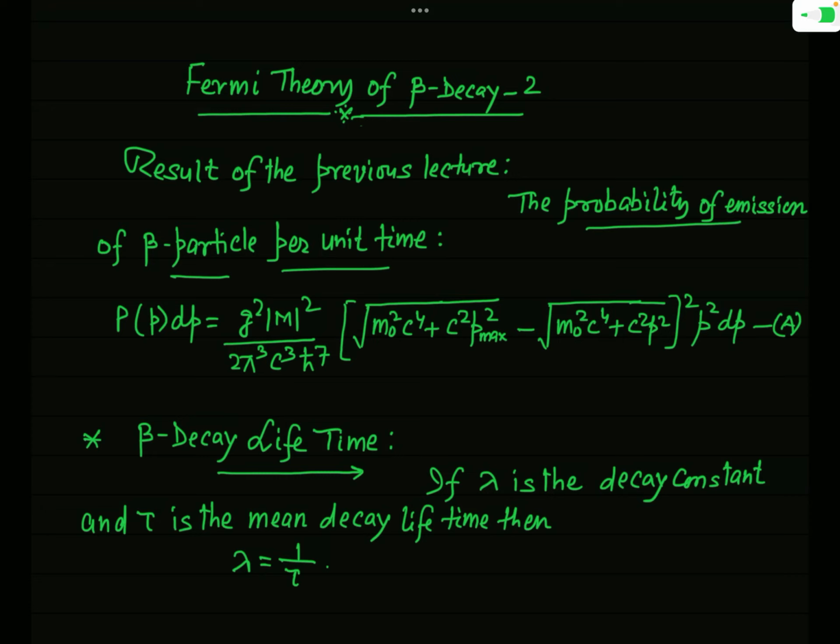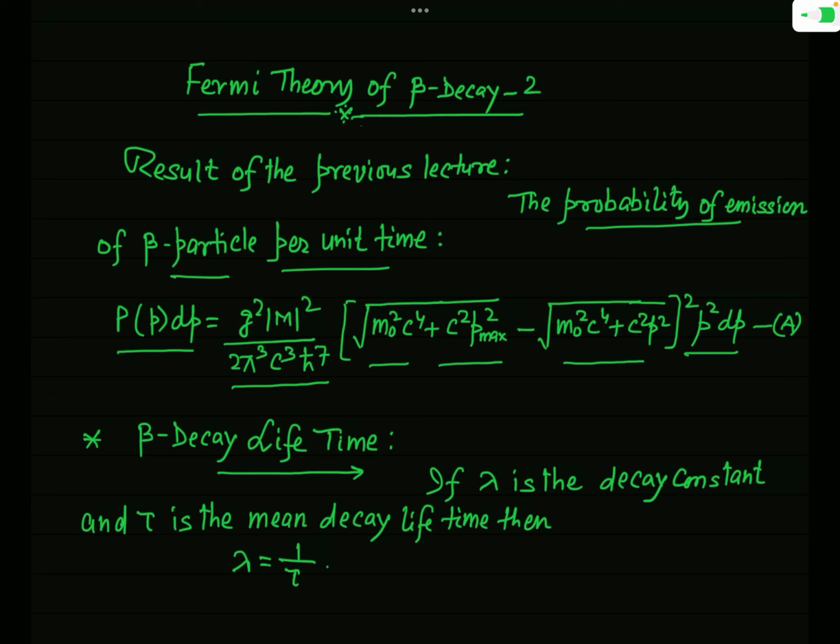This rate is denoted by the symbol P(p)dp, and that is equal to g² |M|² over 2π³c³ħ⁷ times (√(m₀²c⁴ + c²p_max²) − √(m₀²c⁴ + c²p²))² and p²dp. This was the expression which we calculated in the first part of the lecture.